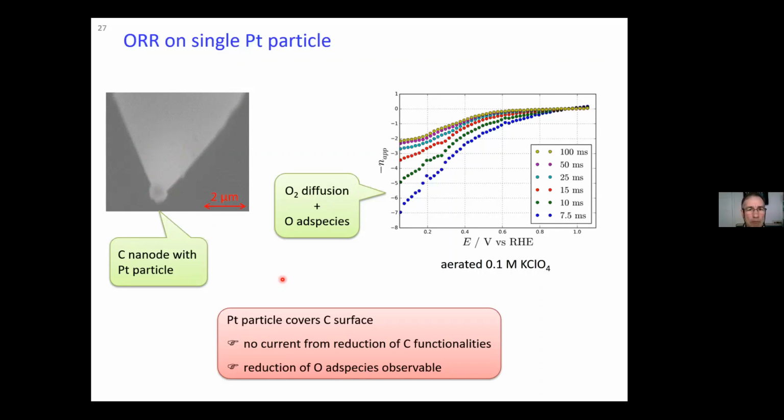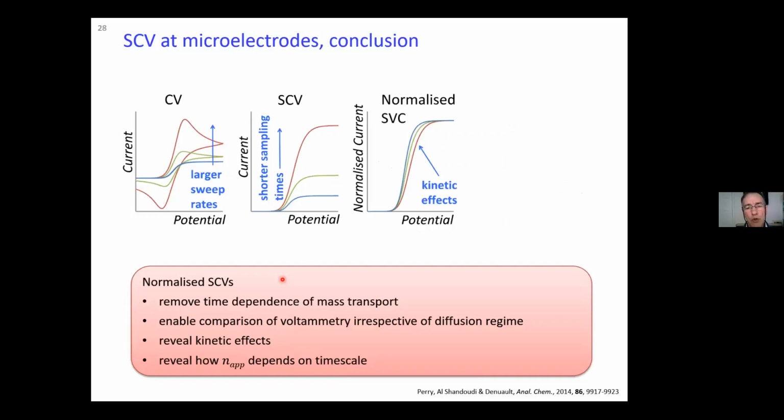So to try and draw a conclusion for the use of the microelectrodes, what we've demonstrated with sample current voltammetry is that whereas the conventional cyclic voltammograms have a very different shape depending on the time scale, sigmoidal at very long times, and then conventional shaped voltammograms at very short times, it's very difficult to compare the shape of these voltammograms as you change the sweep rate.